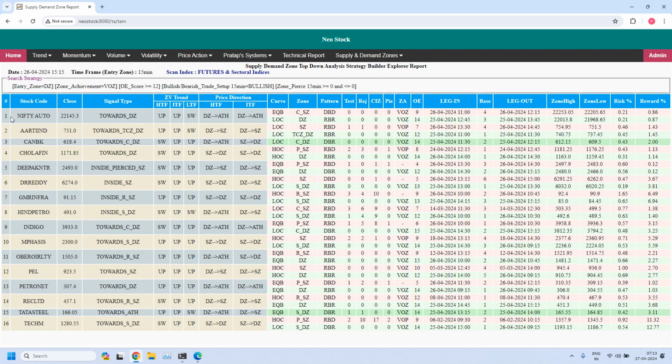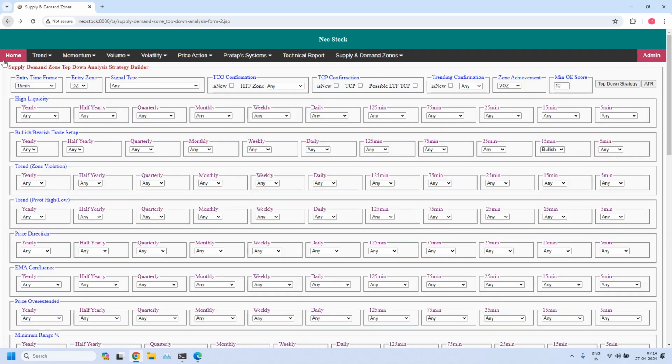So I'm going back, and I'm going to generate the bearish trade setup for daily income trade. In daily income trade, the entry time frame is 15 minutes. For a bearish trade setup, the entry zone should be a supply zone. In the bullish or bearish trade setup parameter, in the 15 minutes time frame, I am selecting bearish. Now let me generate, because all 3 filters we set are there.